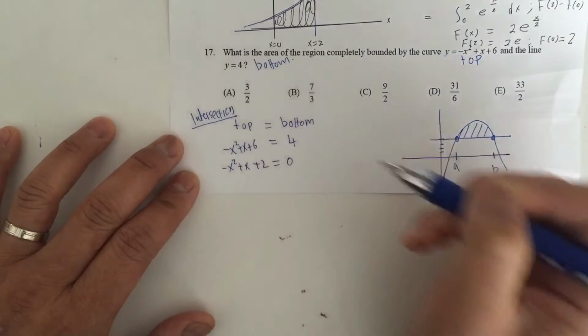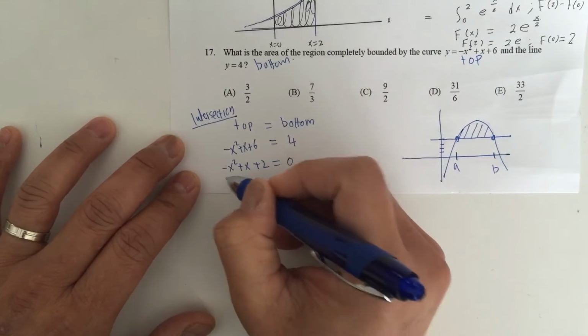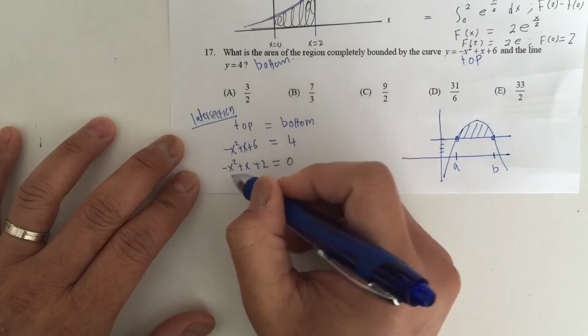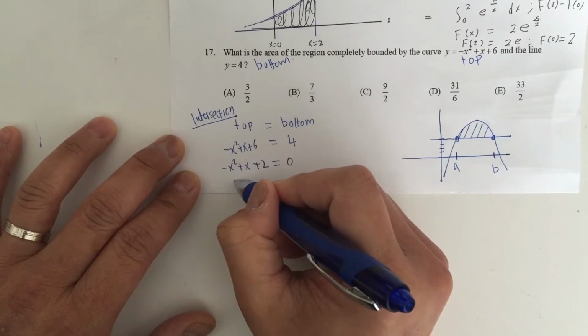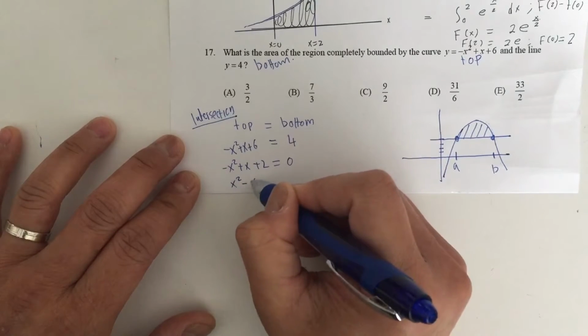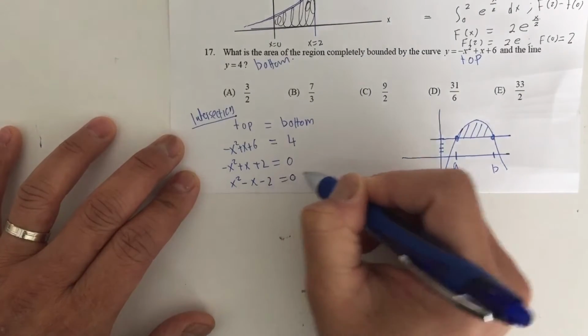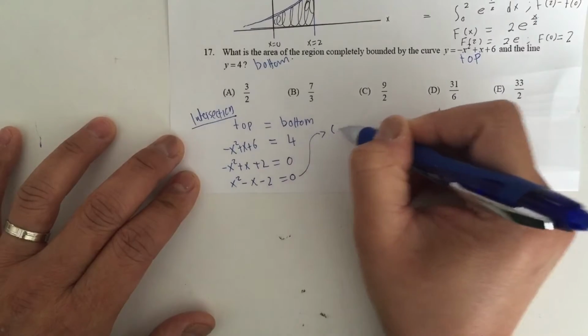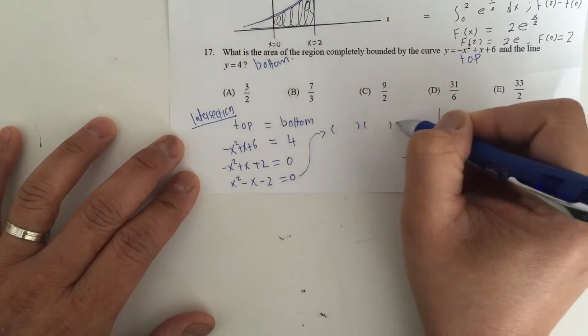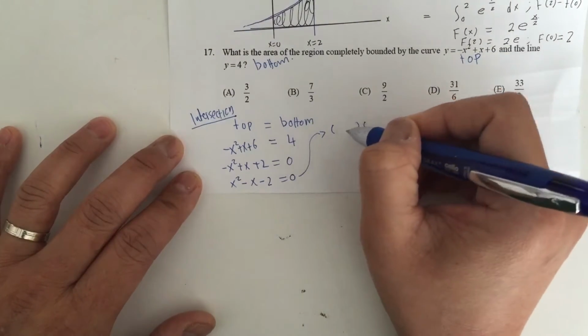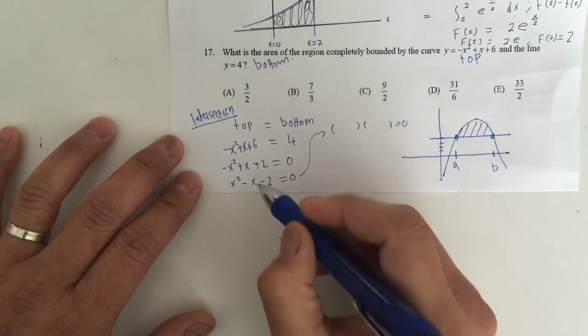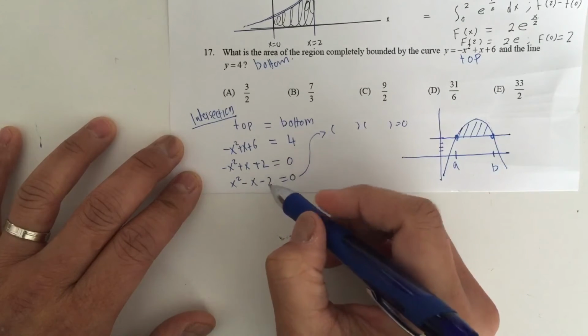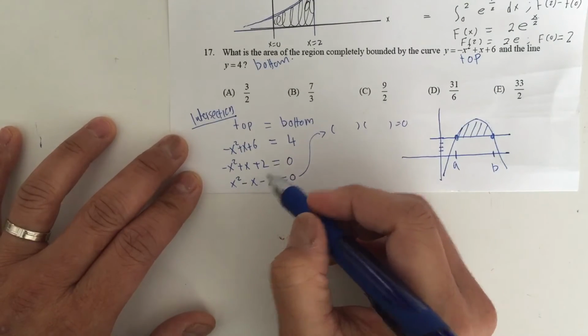This is going to return a 2, and then we make sure that the first term is positive by multiplying everything by -1, and then we factor. If you create an x box, what two numbers multiply to give you -2 but add to give you -1?